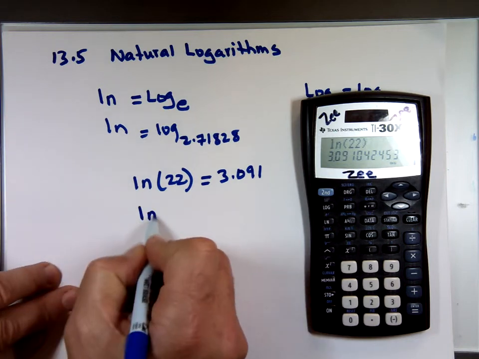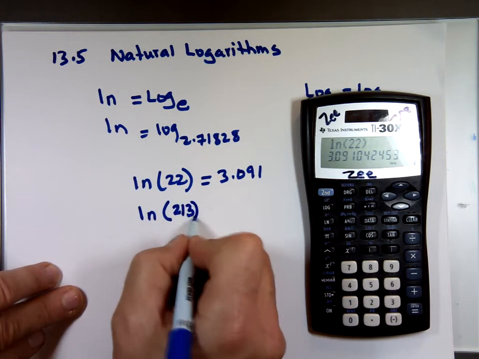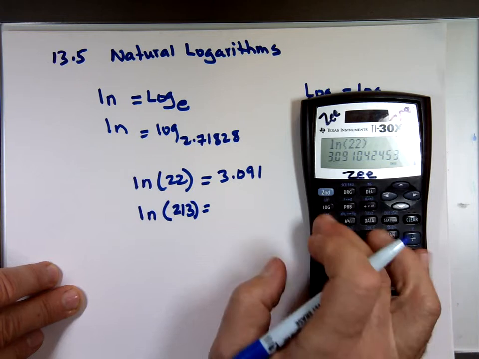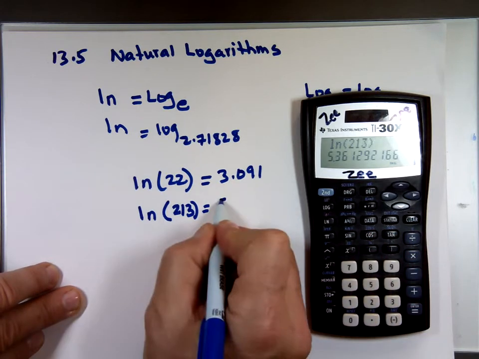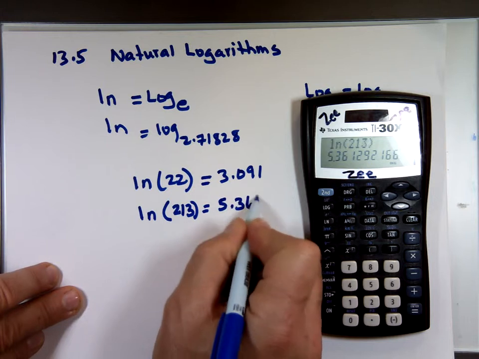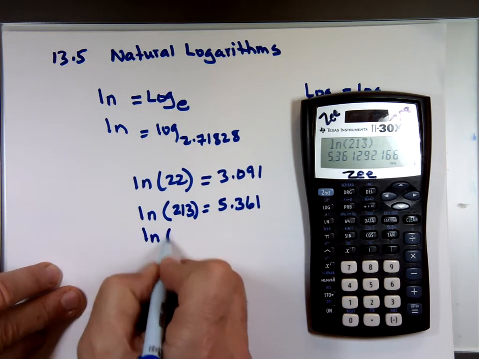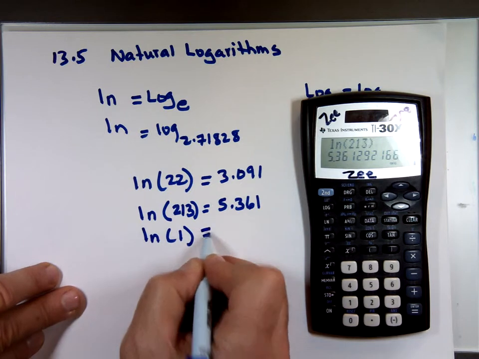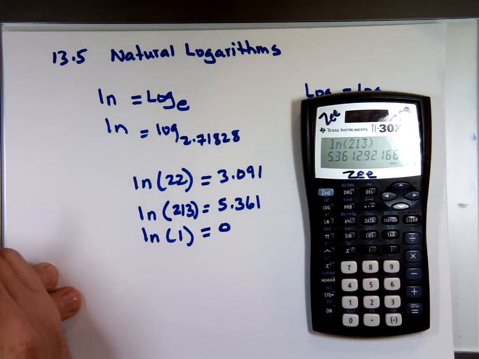What is the natural log of 213? 5.361. What's the natural log of 1? Just like the log of 1 is always what? 0, regardless what the base is.